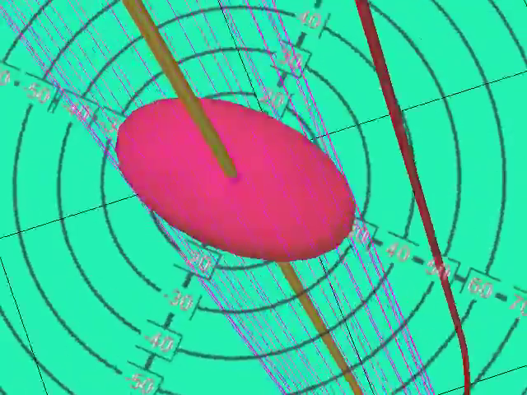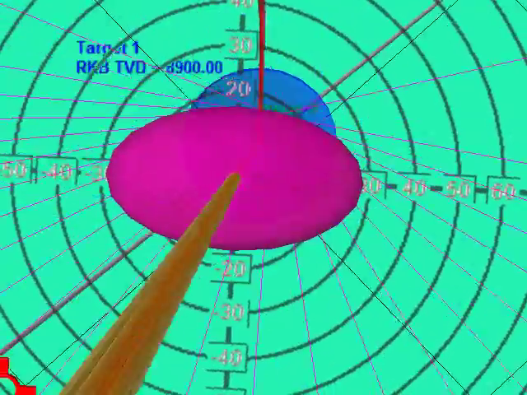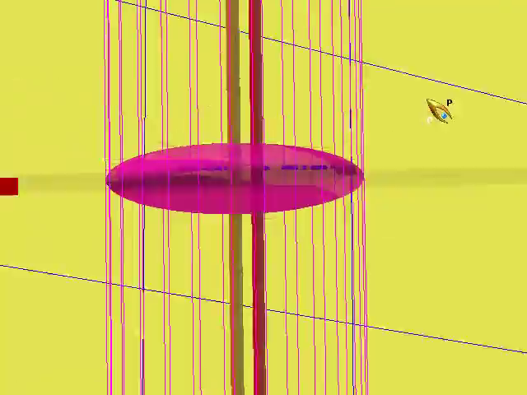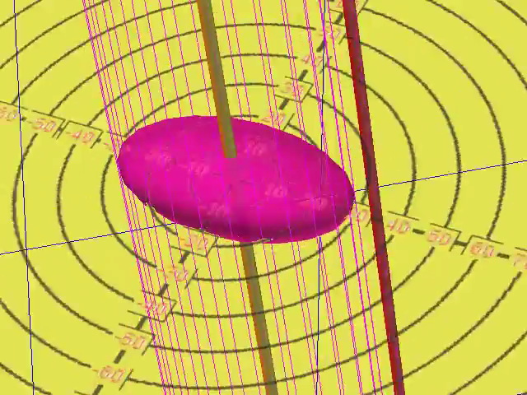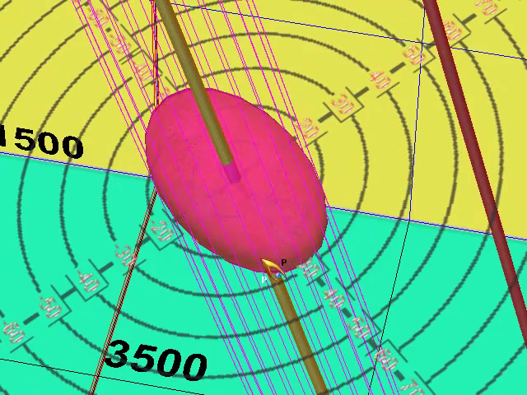Now this mode right here is where we draw 3D lines all the way down the entire length of the well, and each one of those lines that we generate can be considered to be a plane essentially.